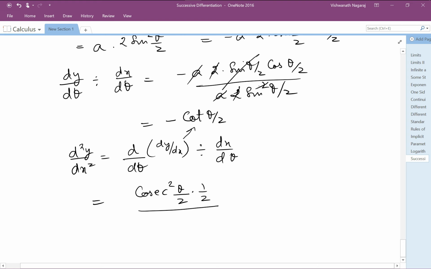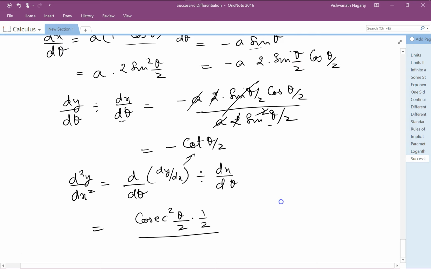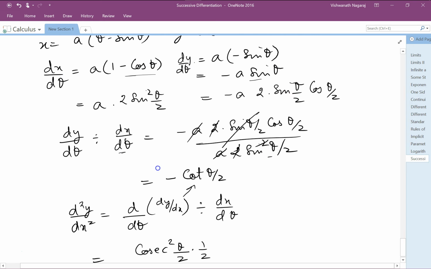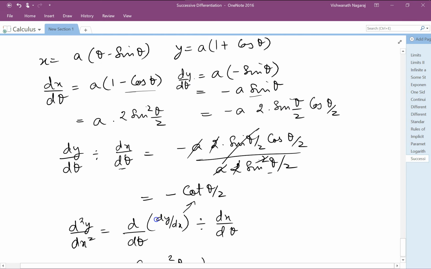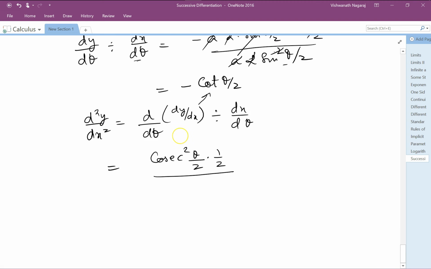dx by d theta is here, the denominator part, or we can look here also. dx by d theta is this, 2a sine square theta by 2. Now this is just simplification. Now 1 by 2 will go down, so 1 by 4a times cosec square theta by 2.